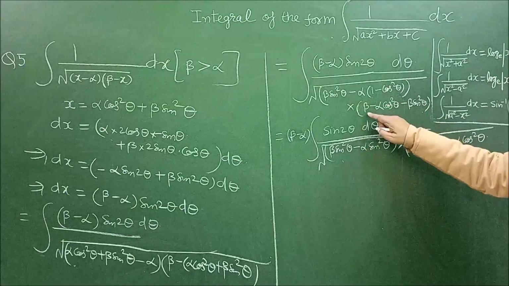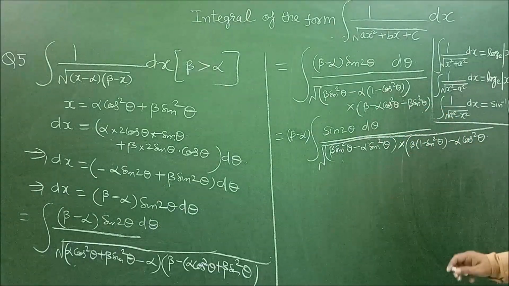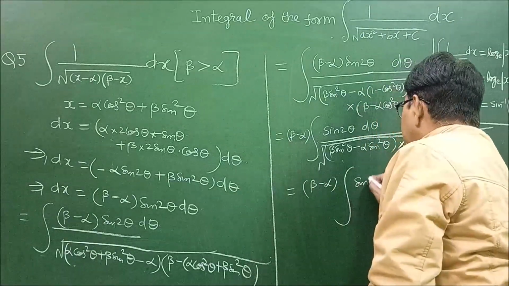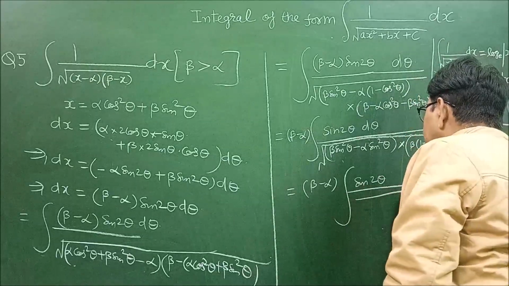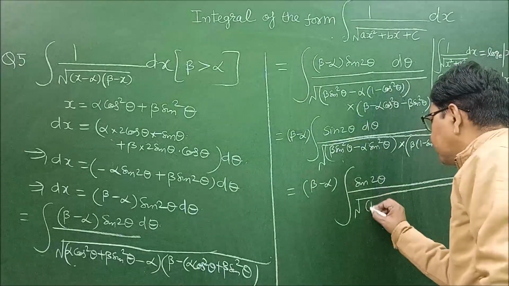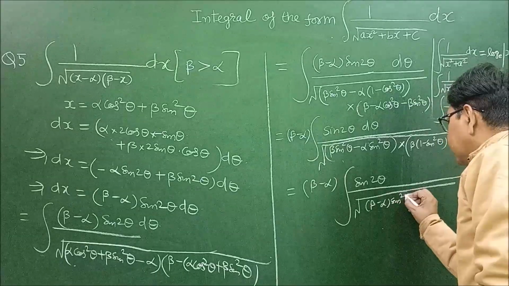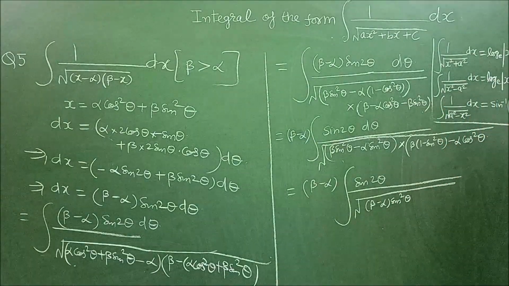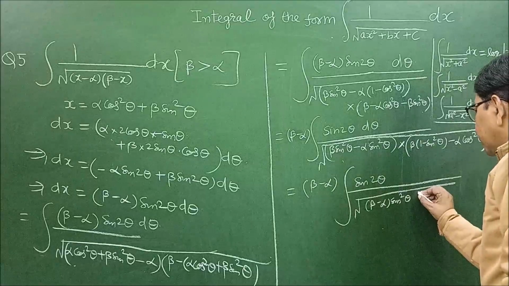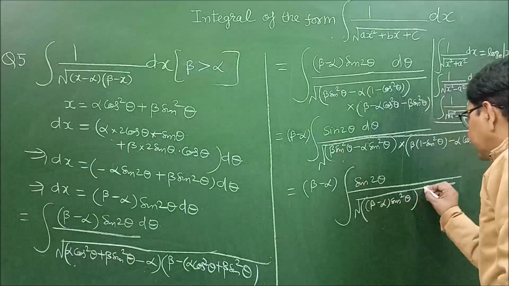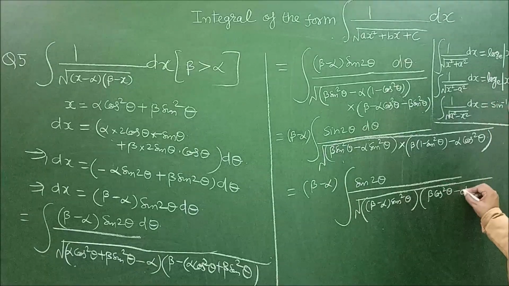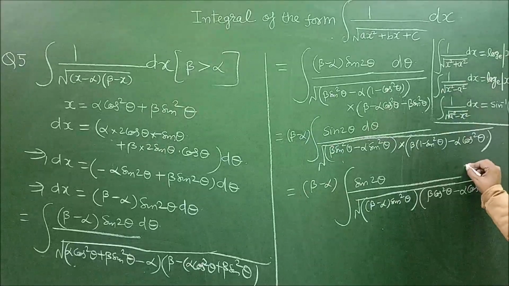Beta can be taken common from these two, so beta into (1 minus sin squared theta), this is equal to (beta minus alpha) integral of sin 2 theta upon the square root of, and here in the first bracket sin squared theta is common, so (beta minus alpha) sin squared theta, and in the second bracket again this can be written as cos squared theta, so beta cos squared theta minus alpha cos squared theta, d theta.